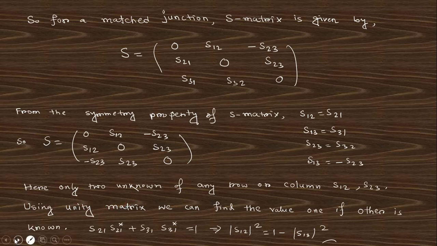By using this, you can find out the total S matrix, that is the transfer characteristic. That means when microwave is fed into a port, in which phase and in what amount of amplitude it will be transmitted through the other ports. This can be found out using this scattering matrix. And here we can see there is only one independent variable, right?